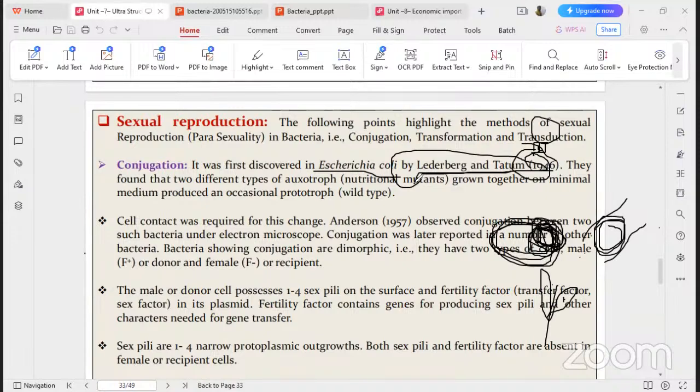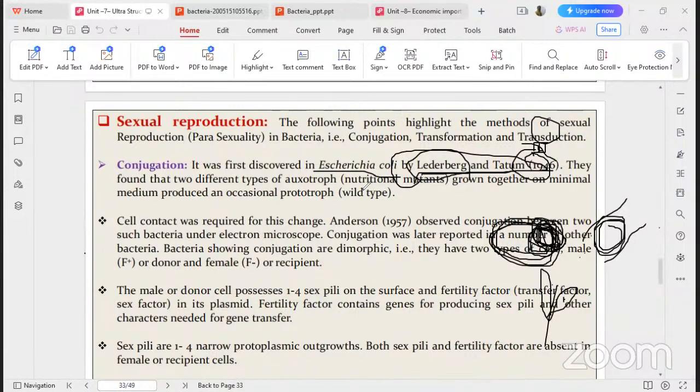Lederberg gave the name plasmid: self-replicating extra-chromosomal DNA. We have studied plasmid types: F plasmid, R plasmid, col plasmid, degradative plasmids. The plasmids were first identified and named by Lederberg.